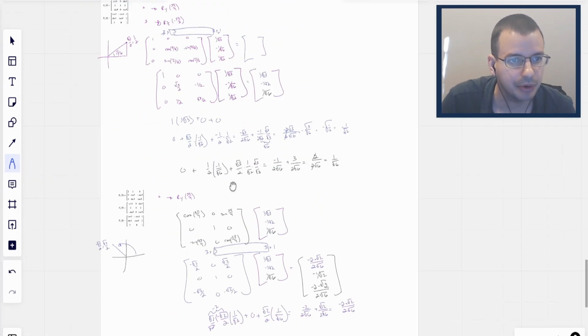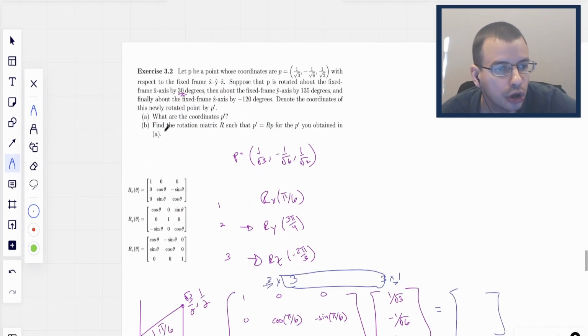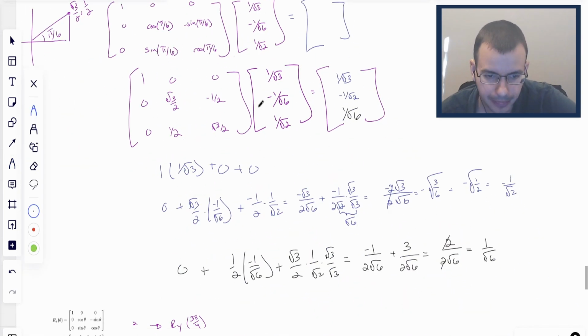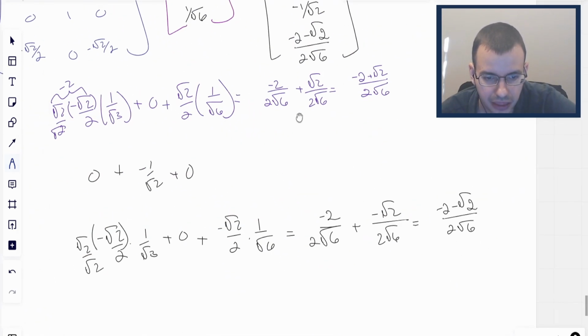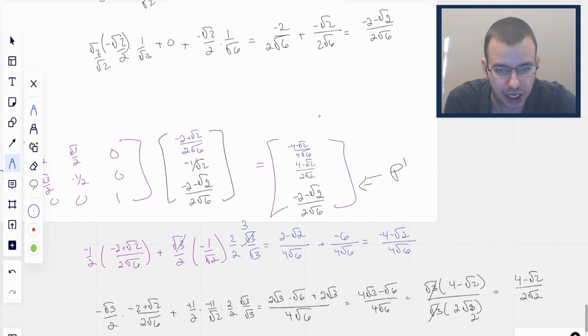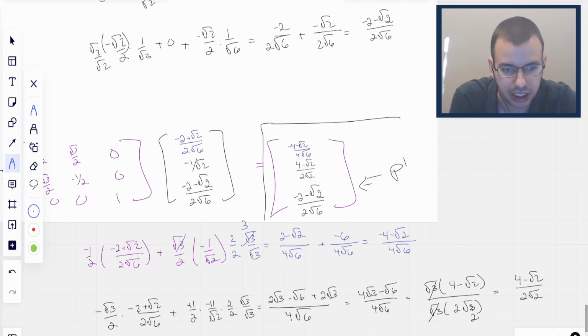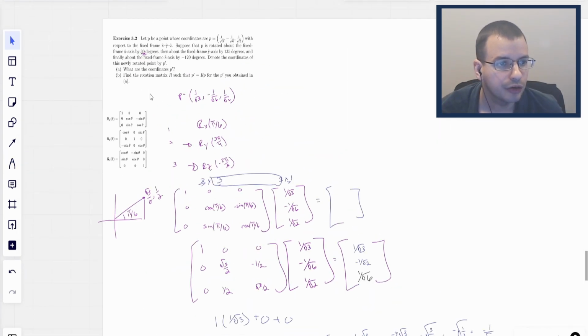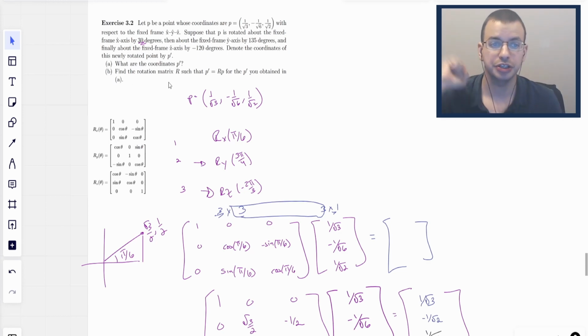So let's take a look and see what happened real quick. So what are the new coordinates P prime? And it's this monstrosity right here.